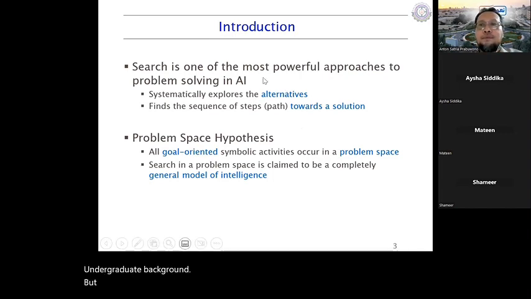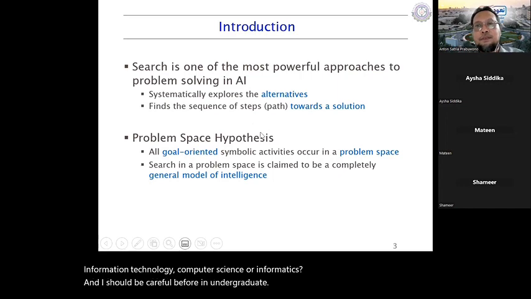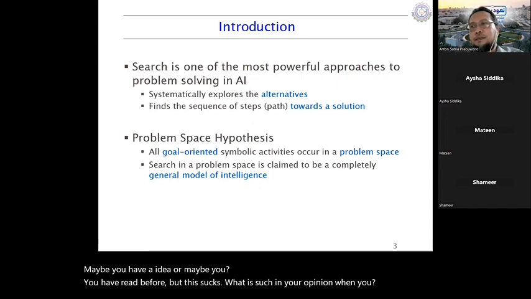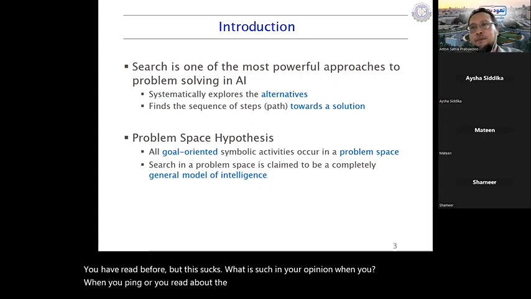But if you studied information technology, computer science, or informatics, AI should have been covered before at bachelor level. So anyone, maybe you have an idea, or have read before about search. What is search in your opinion?